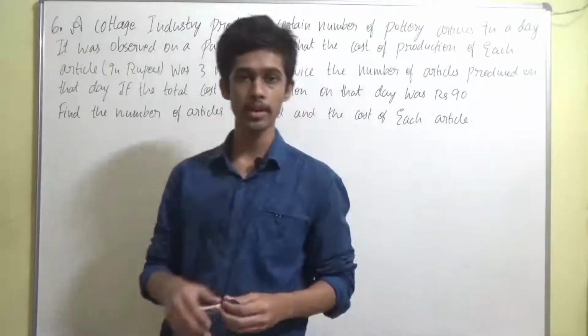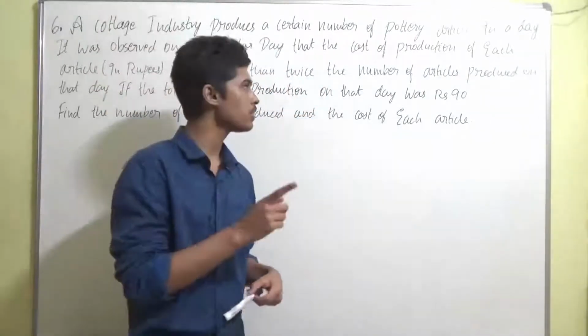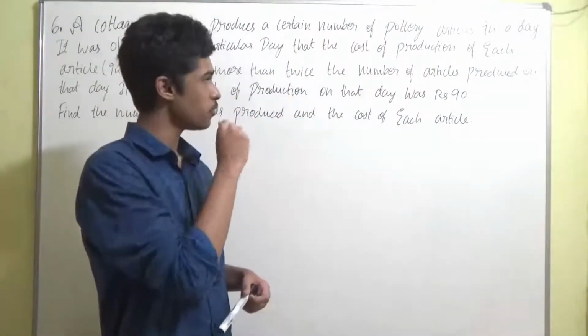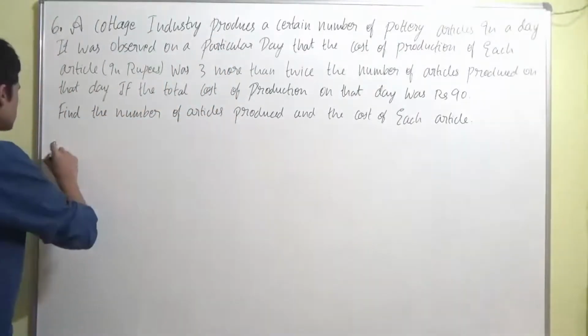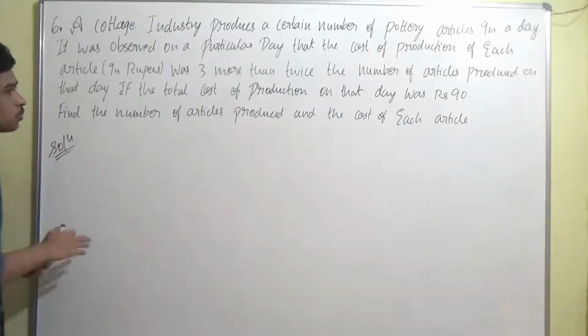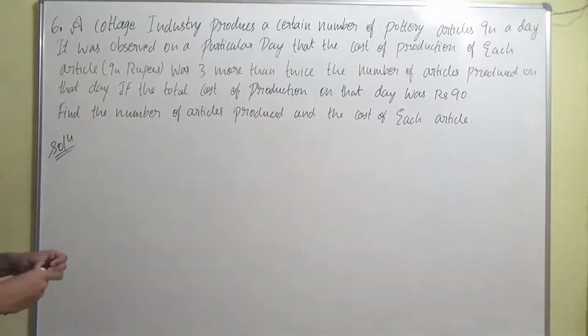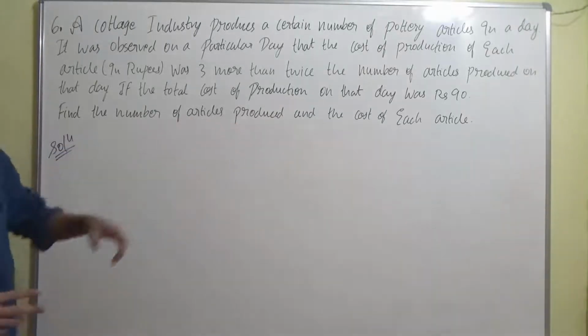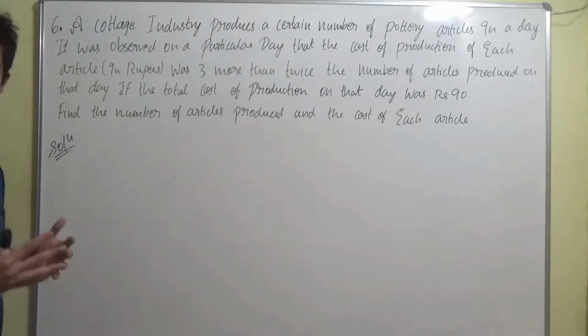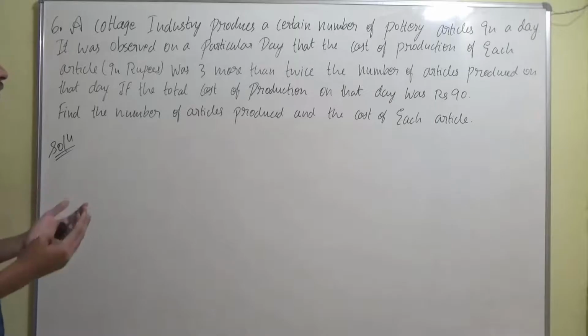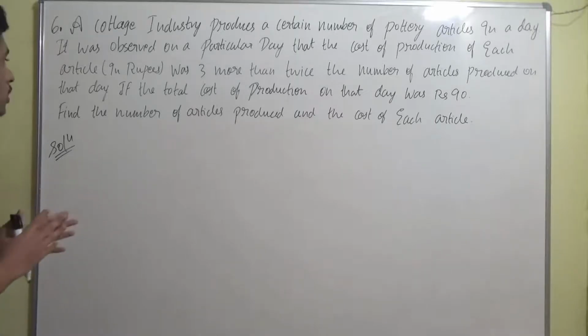Out of those 4 examples in the last lecture, I think one example was very similar to this question. So what we did, guys, first thing is assumption of the variable, right? What we have to find is what we assume as the variable.